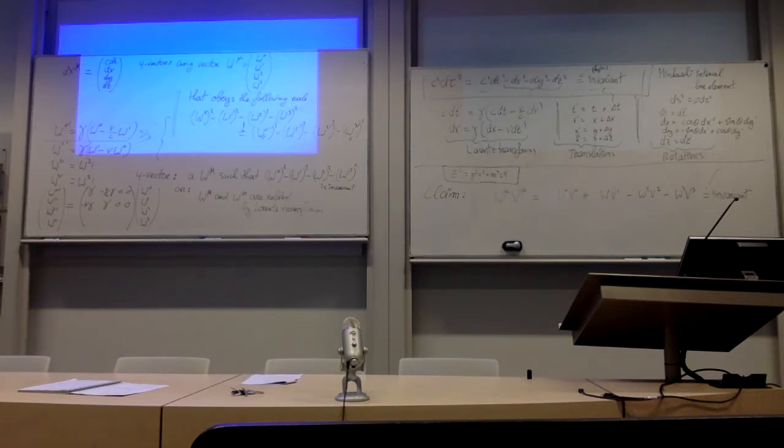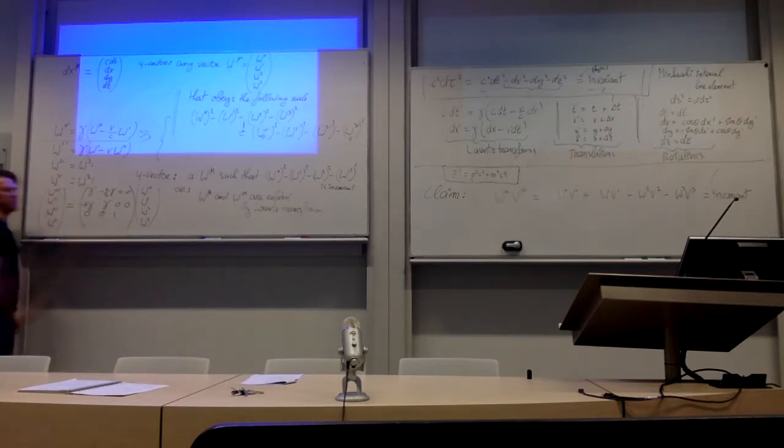How many omega zeros are in omega 2 prime? 0. How many omega 1s? 0. Oh, I say omega, it's actually W. When I say omega, I mean W, okay? How many W2s are in W2 prime? 1.